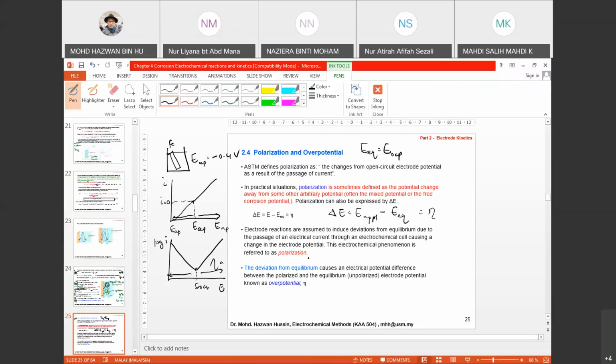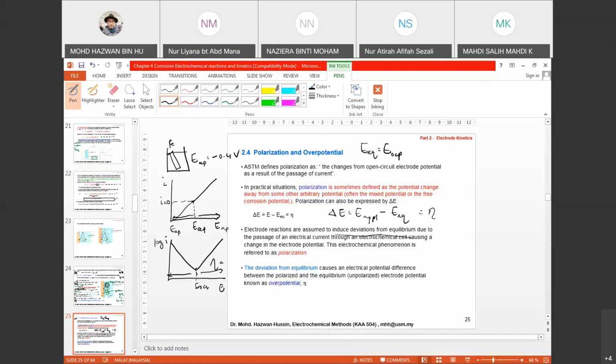Electrode reactions are assumed to induce deviations from equilibrium due to the passage of electric current through the electrochemical cell, causing a change in electrode potential. This phenomenon is known as polarization. As I said, induce deviation from equilibrium.